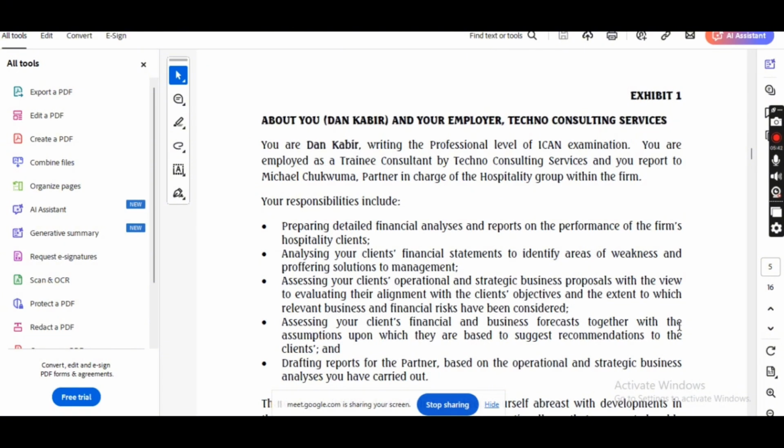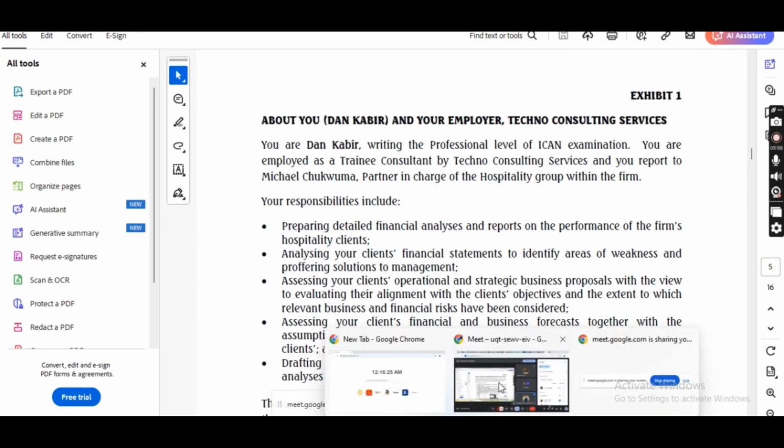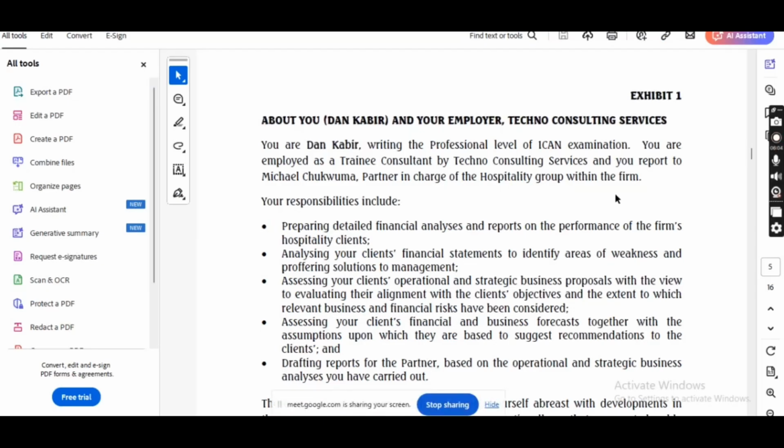You are Dan Kabiri writing the professional level of the ICAN examination. You are employed as a trainee consultant by Techno Consulting Services, right? And you report to Mike in charge of the hospitality group within the firm. So what it means is that you are, of course, a trainee.